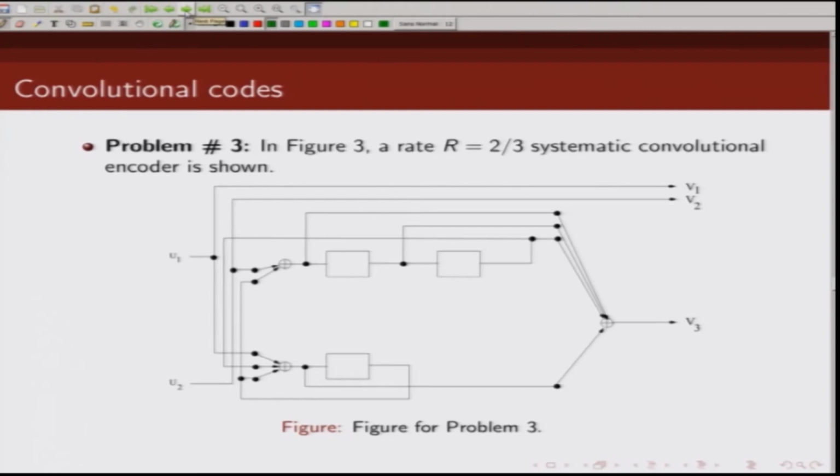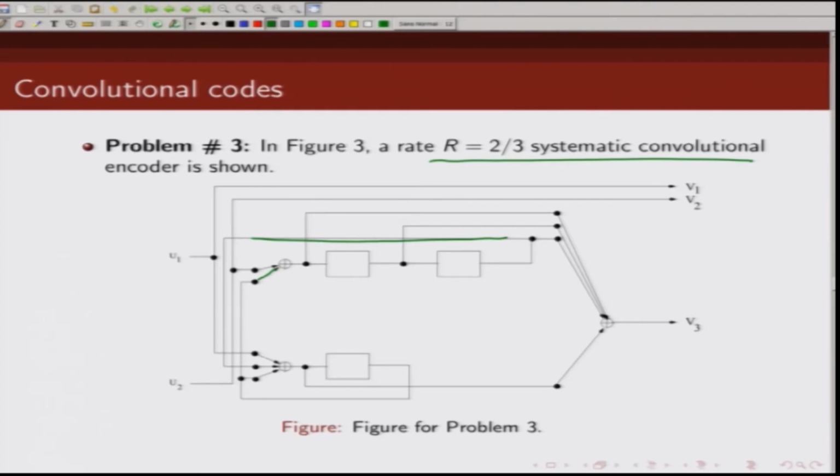Now, given below is a rate 2/3 systematic convolutional encoder. Please note, this is neither in the controller canonical form realization nor in the observer canonical form realization. Note here, the feedback terms are not only coming from the same encoder.